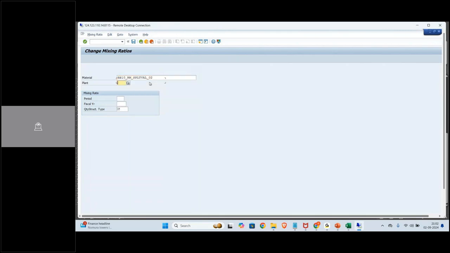I don't even remember the plant. It can be BB10 or BB20. So there is a quantity structure which we have to give, QTST. I don't know if I have maintained it. This is the material.